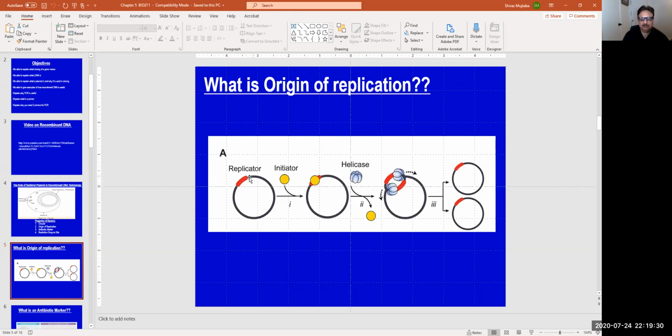It is the point within the plasmid that generates a duplicate plasmid, the site at which the plasmid starts the process of duplication. So one plasmid can give rise to two daughter plasmids.